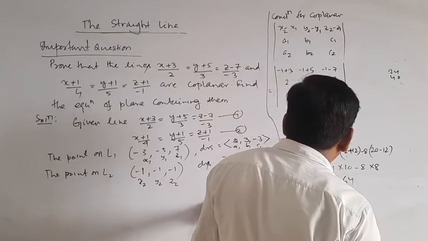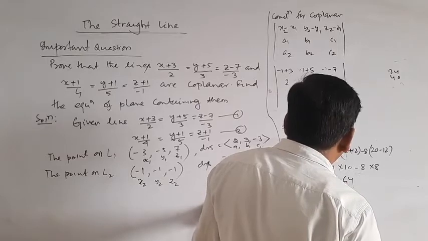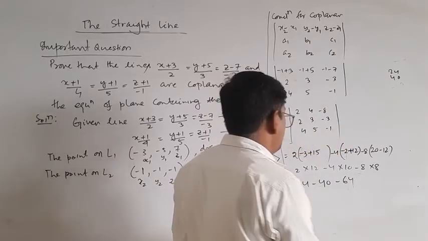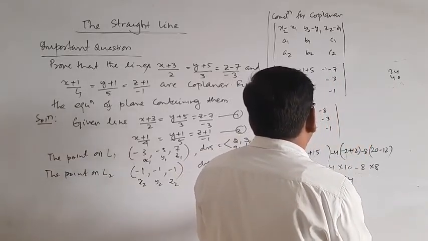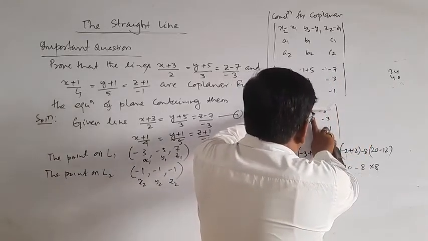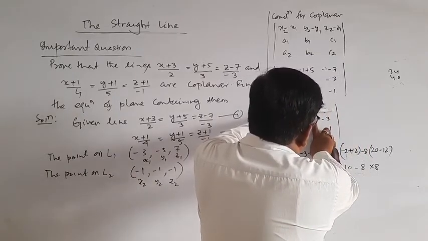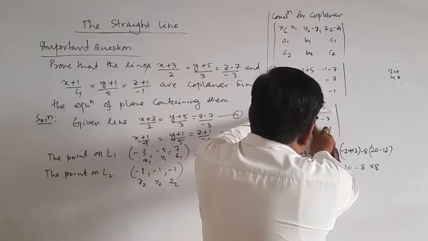Okay, and this will be plus minus minus. So 64, this would be minus. Minus 2 plus 12.